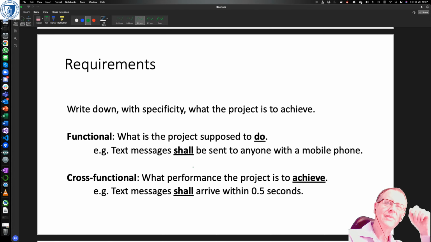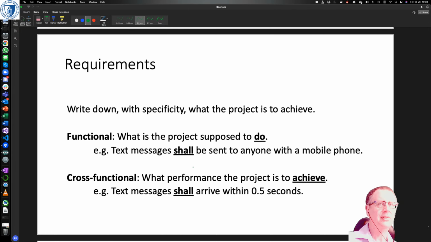And here's two examples of a functional and a cross-functional requirement. Text messages shall be sent to anyone with a mobile phone. Okay, that's a functional requirement. It's a function of the system. It's what the system does. And then the cross-functional one is text messages shall arrive within 0.5 seconds, so half a second. And that's a performance requirement.